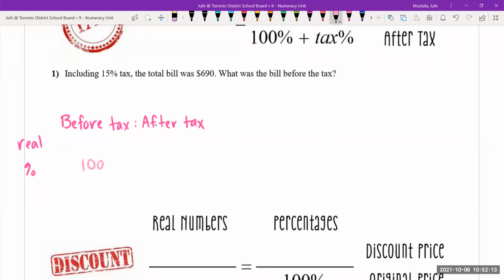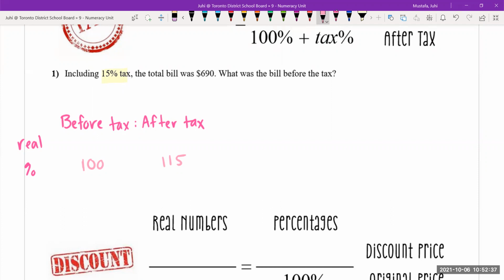Now, clearly it says the tax is going to be 15%. So after you apply the 15% tax, what percentage are you paying after tax? Good job. So you're going to be paying 115 here. Just remember, whenever you're dealing with tax questions, before tax is always 100. After tax is always going to be 100 plus whatever the tax percent is.